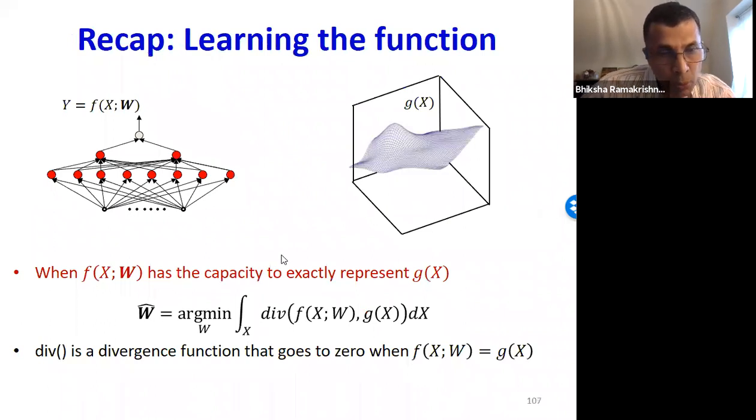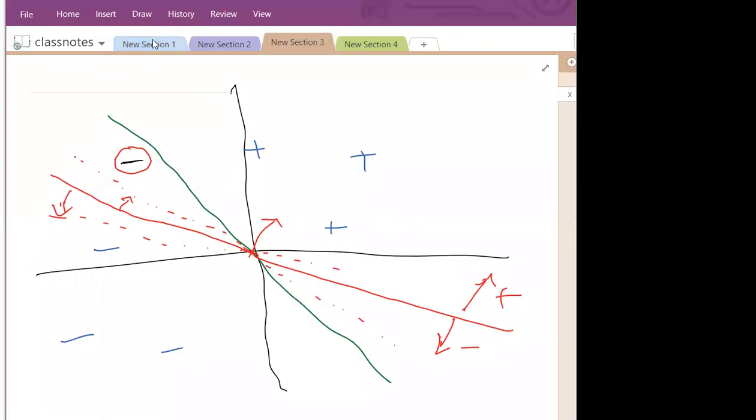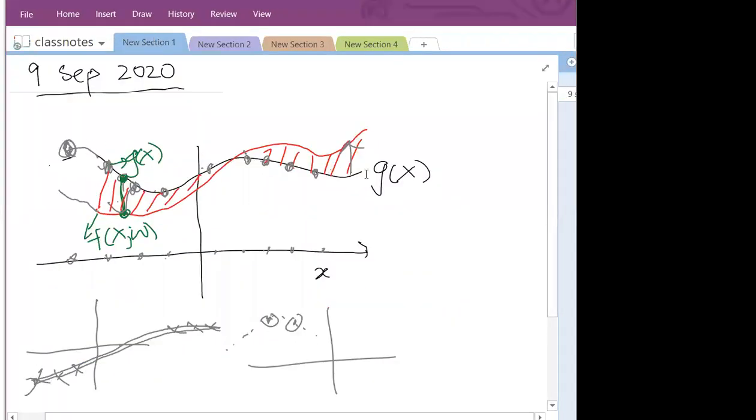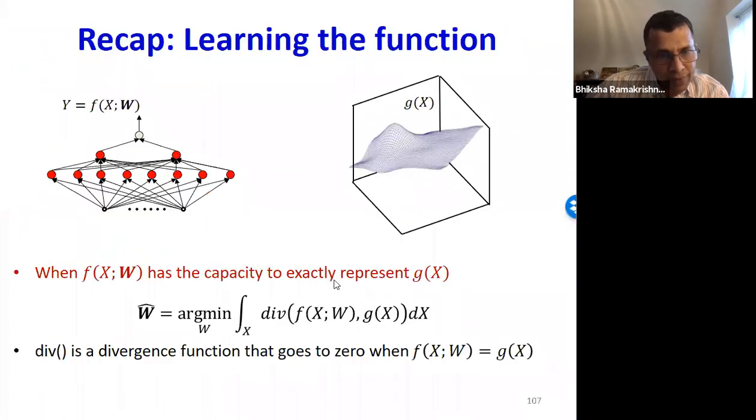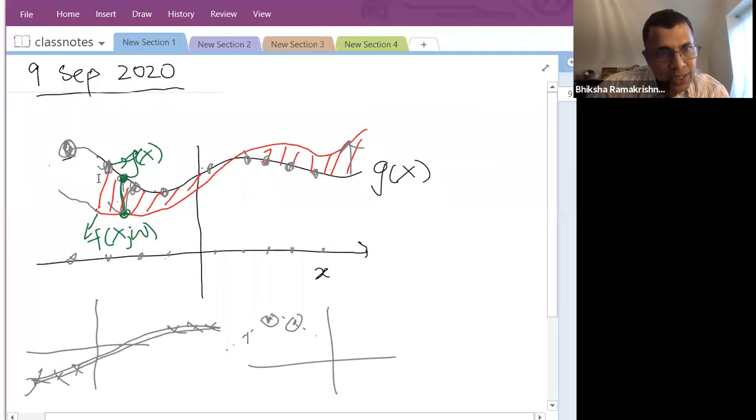Now, remember here's what we actually did. We originally had some function that we wanted to model. The network actually computes some other value, and we wanted to minimize this error, which is basically the integral of the divergence, where the divergence quantifies the difference between the actual and the desired outputs.